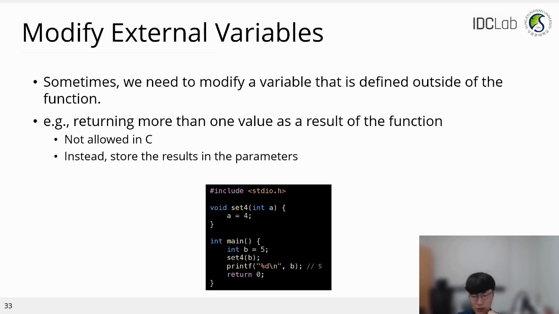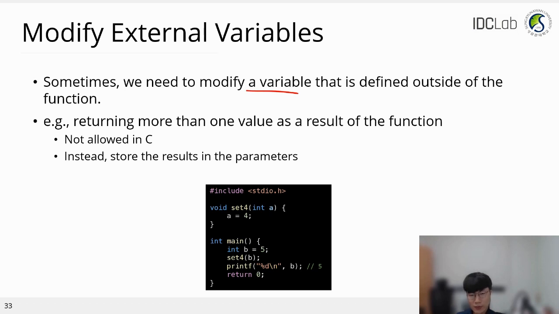Sometimes we need to modify a variable that is defined outside of the function. One practical use case is to return more than one value as a result of the function. This is not allowed in C by default. In Python, you can return more than one value as a tuple.